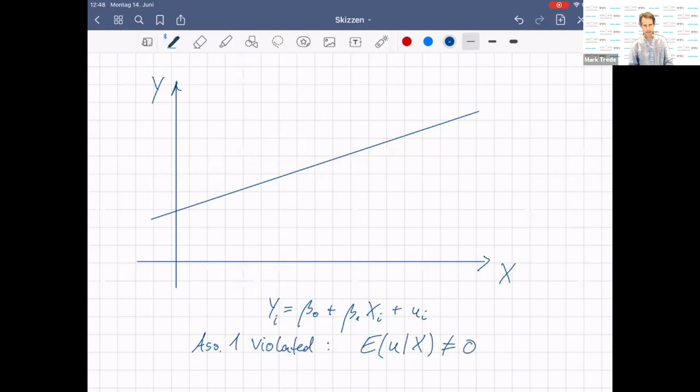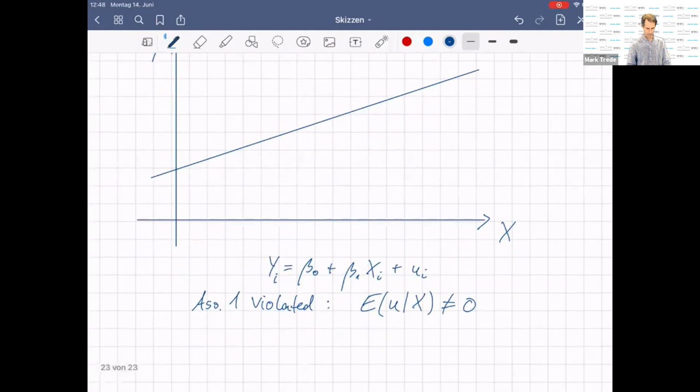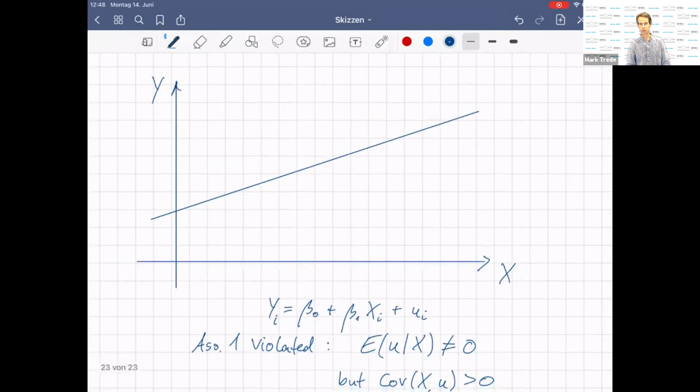Suppose for a minute that it's positive. So we have positive correlation between X and U. The same problem can be analyzed if the correlation is negative, but suppose now, just for the sake of the argument, that it's positive. What happens then?